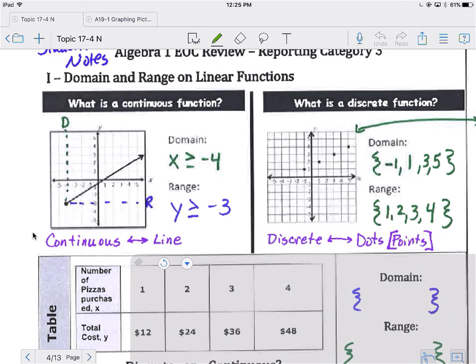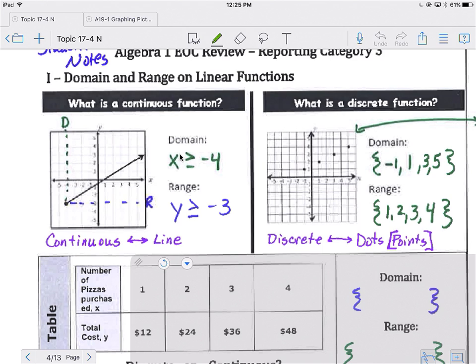Even if it has two endpoints, it is still continuous because of the line that is shown. The line represents all of these tiny points all along the line. So every little x in here is listed on the line, and therefore this is a continuous function.